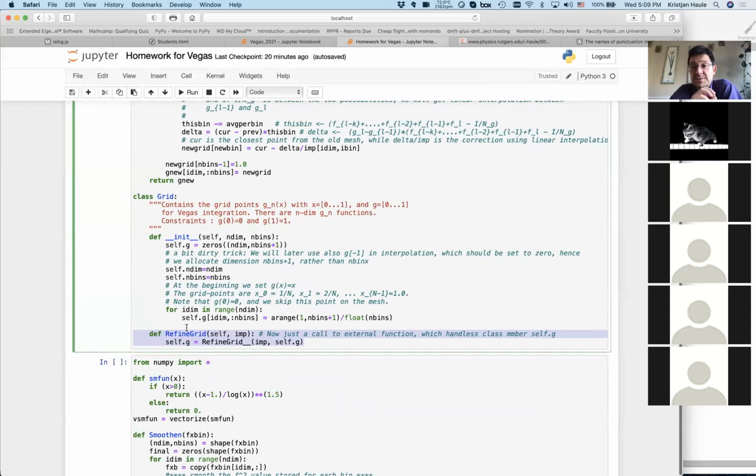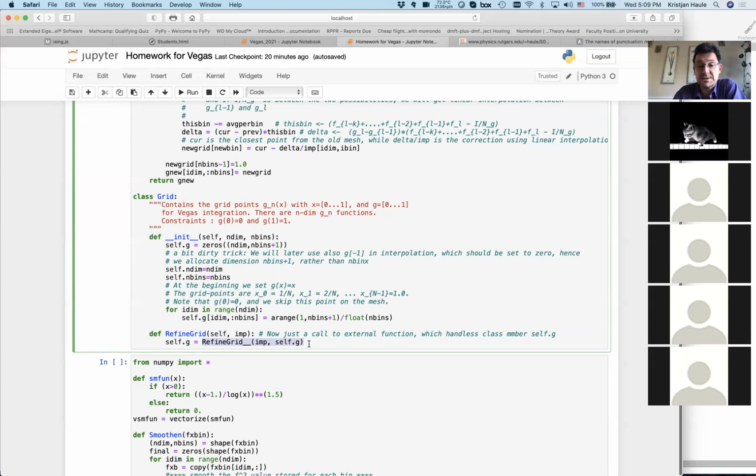It's possible, there's documentation about that. I tried, and there were several issues that I didn't have patience and time to resolve. So what I decided to do is very simple. I'm going to still use the same class, but I'm going to define a function inside the member function refine grid, which will do all the work.